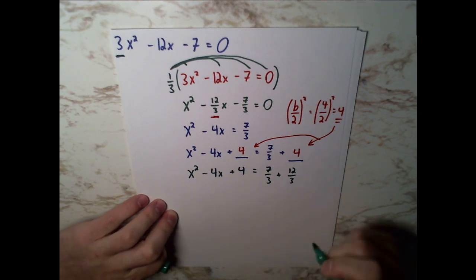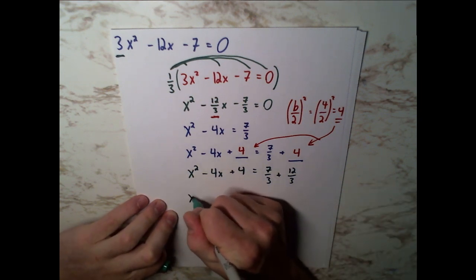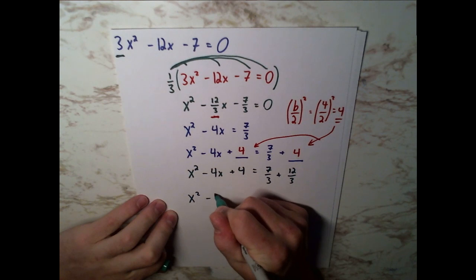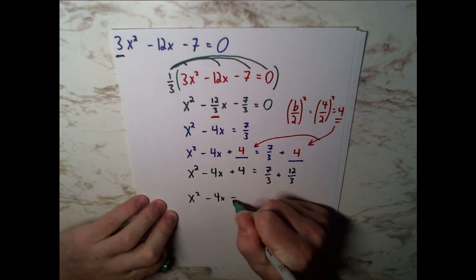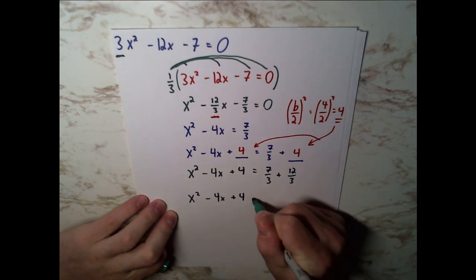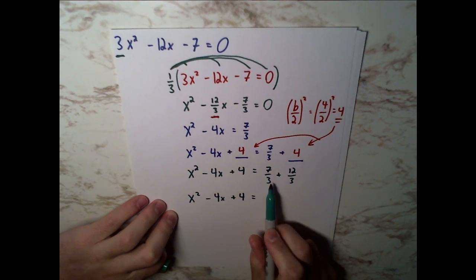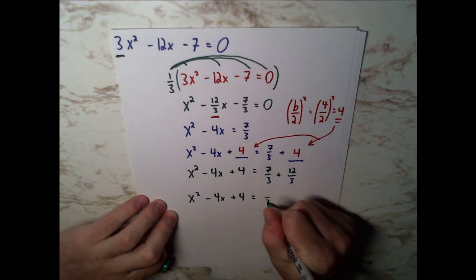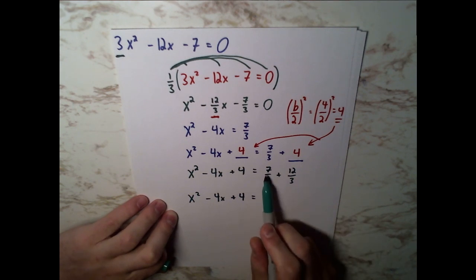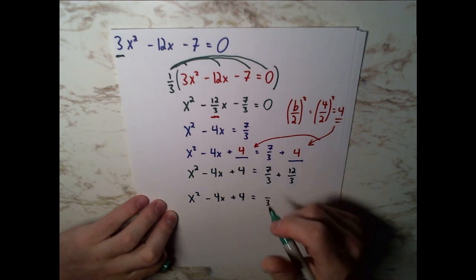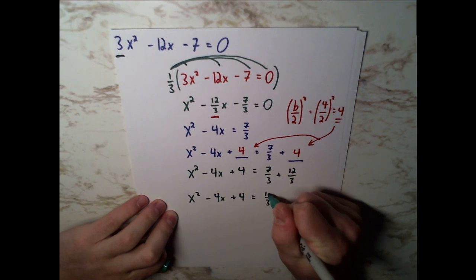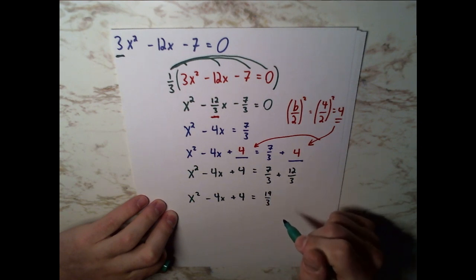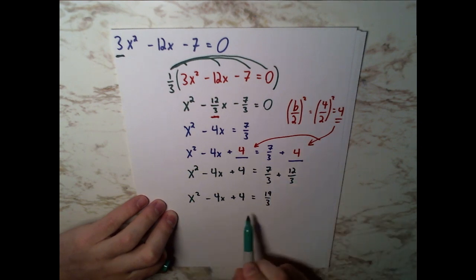So we have a common denominator, and adding these two together, we have our common denominator of 3, and then 7 plus 12 gives us 19. So all of this is equal to 19 thirds.